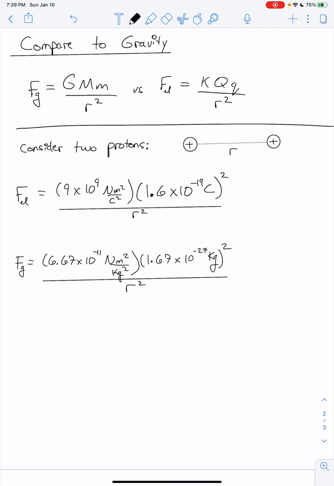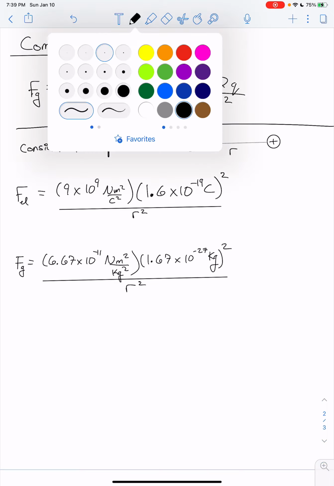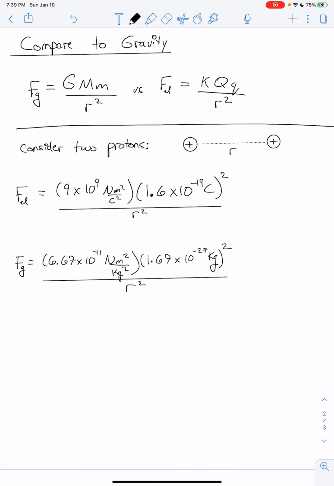So in fact, we can do this in a more general sense, and we can actually divide these two equations. When we divide them, we end up with a relationship between the two. We actually could have done this for basically any two interacting particles.